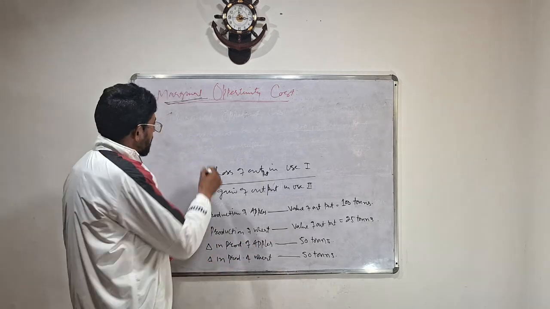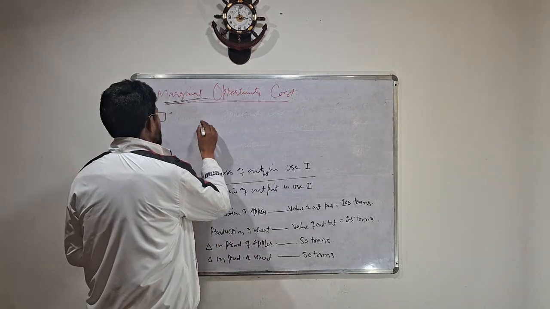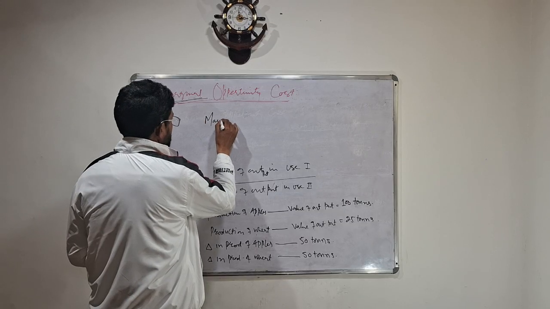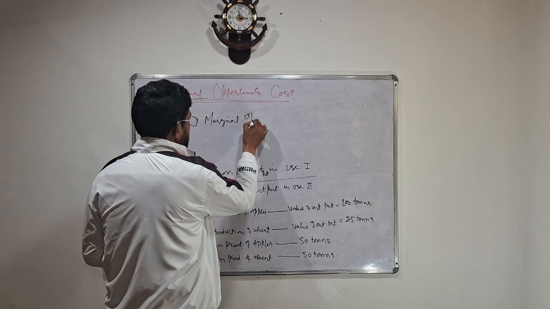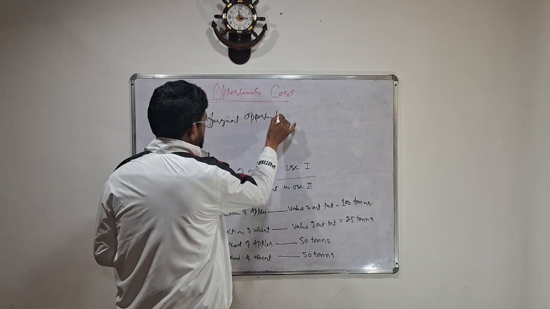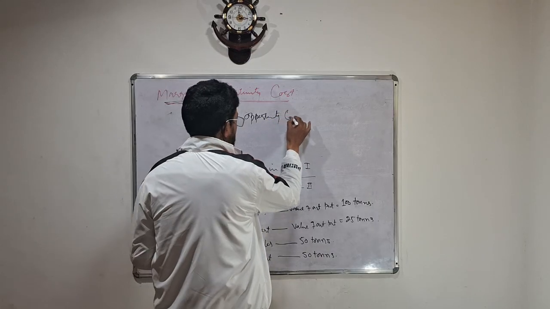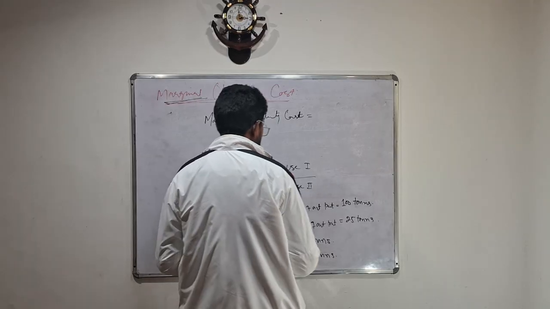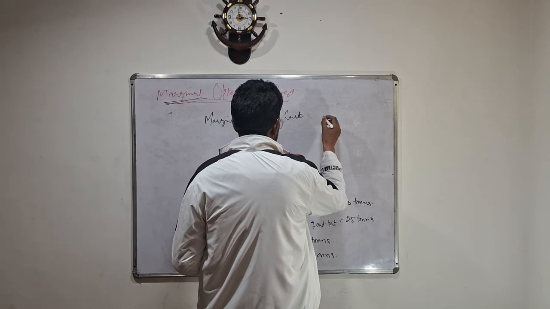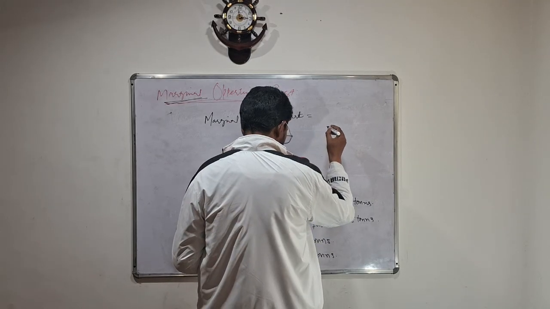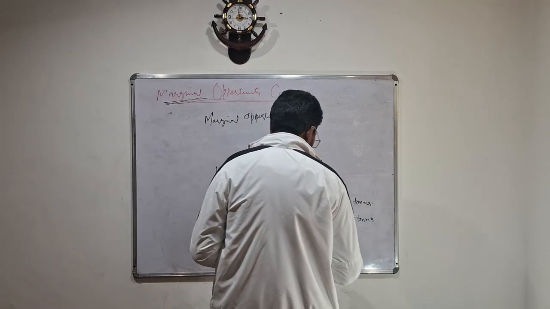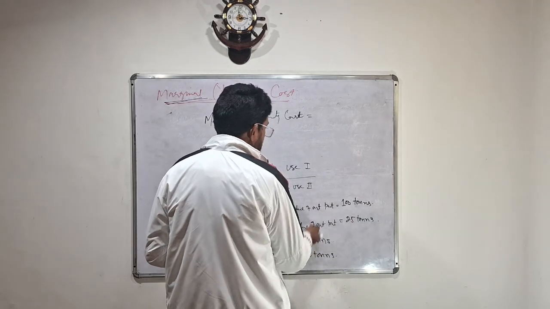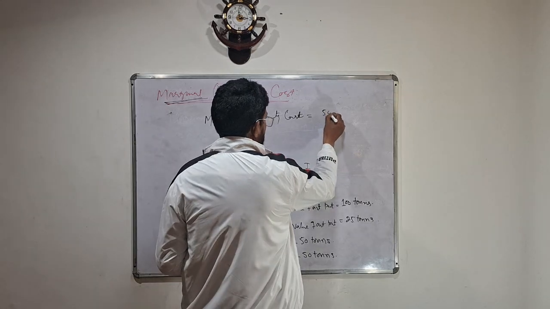Now, marginal opportunity cost will be equal to, here 100 to 50, means the difference is 50 units.